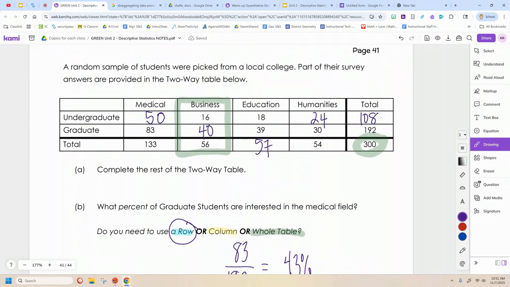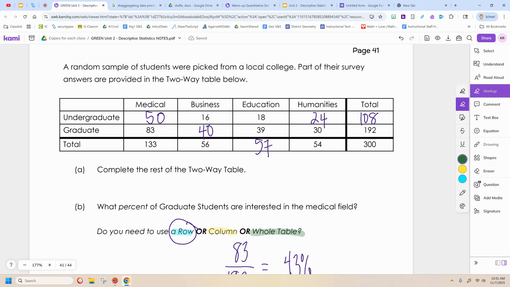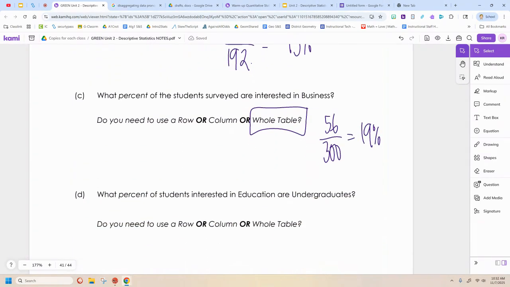So we go back up. I have to take an eraser to the stuff that I have on here. Let's see. So we don't care about anybody that's in medical or business or anywhere else. We only care about the education students, right? What percent of those are undergraduates?